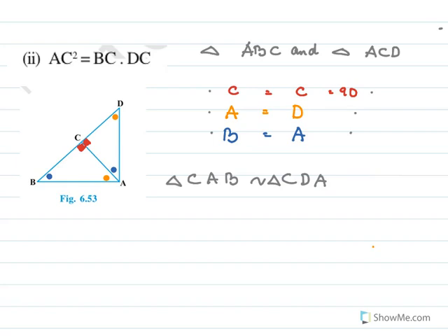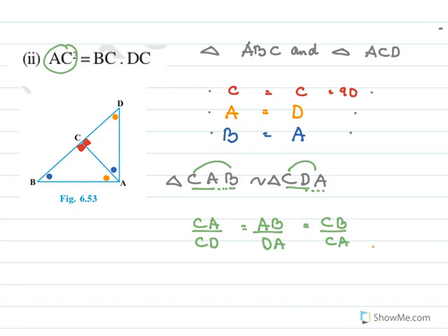Now to write the sides, CA over CD equal to AB over DA equal to CB over CA. Now remember we require AC square, so look out for AC. There is AC here and there is AC here, so I don't need this.